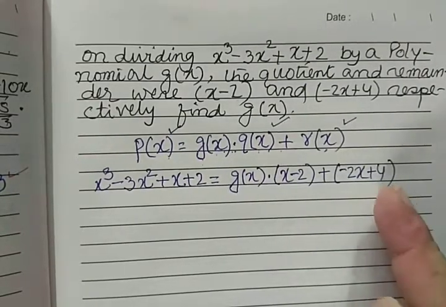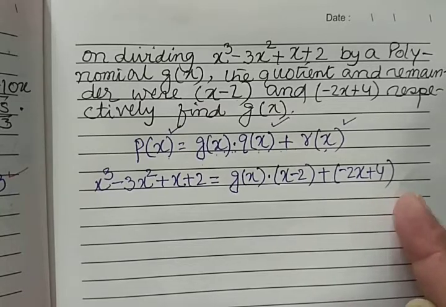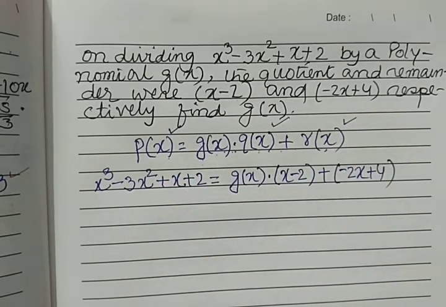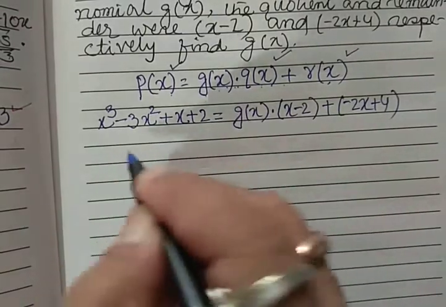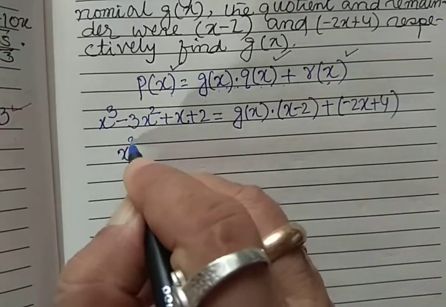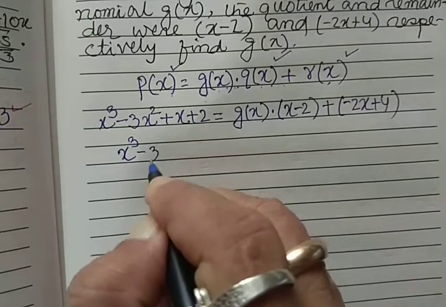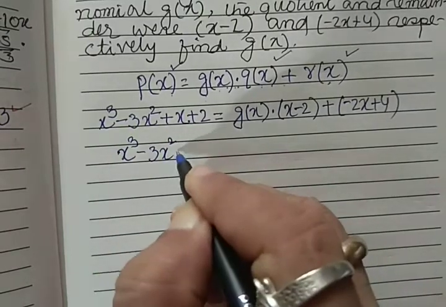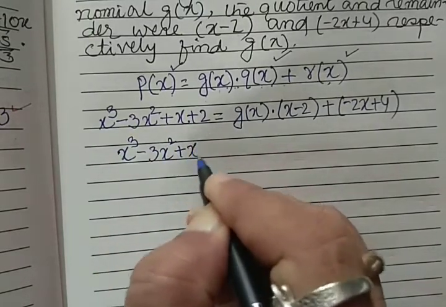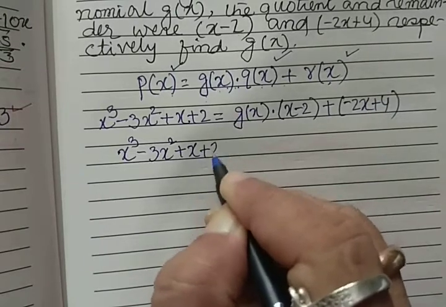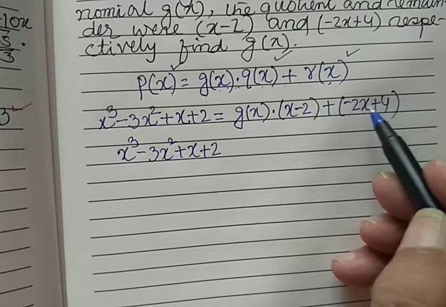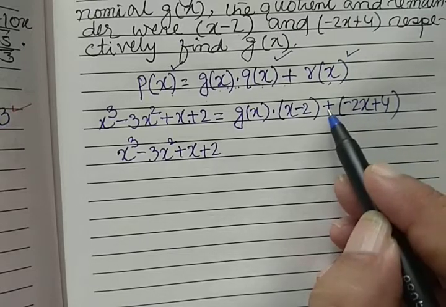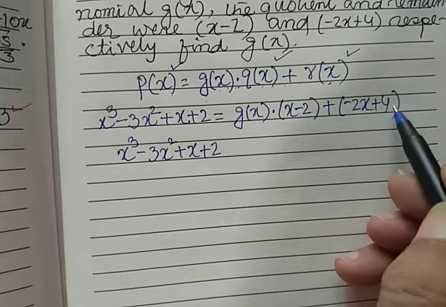So let us take this minus 2x plus 4 to the other side. Clear? So what happens? x cube minus 3x square plus x plus 2, this bracket you take that side.